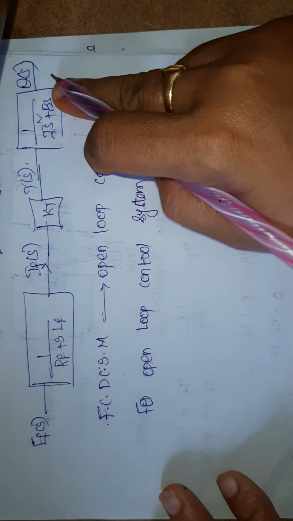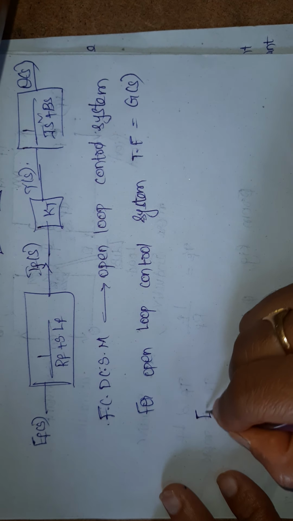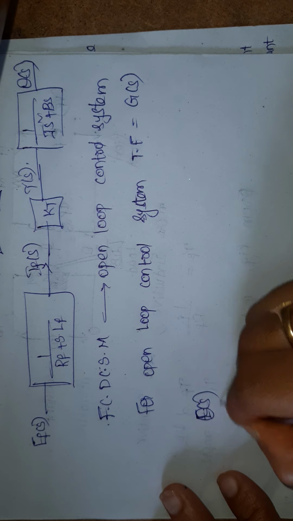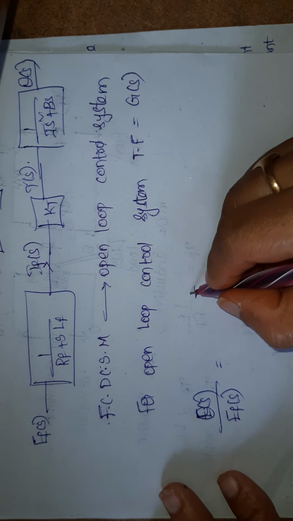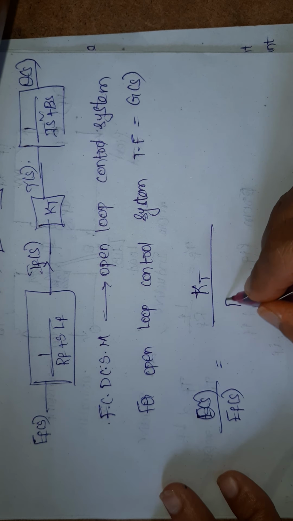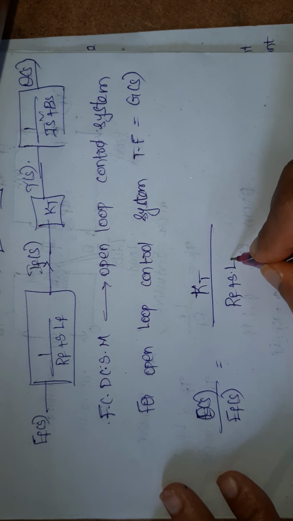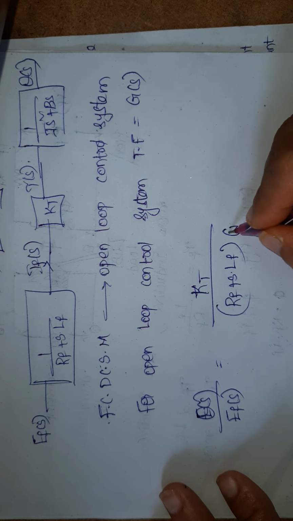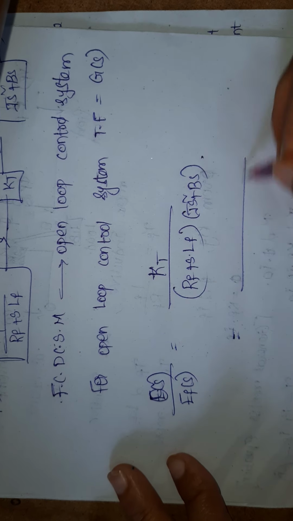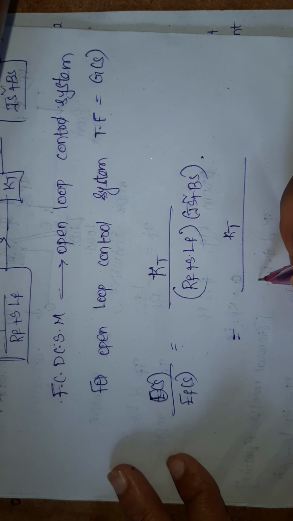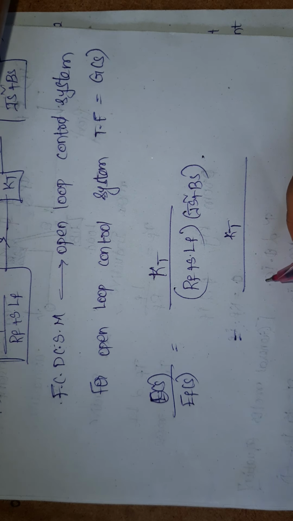Then we have to multiply these 3 components to get theta of s by EF of s, that is KT divided by RF plus s LF multiplied with Js square plus Bs. Now I am writing KT by, taking s as common.